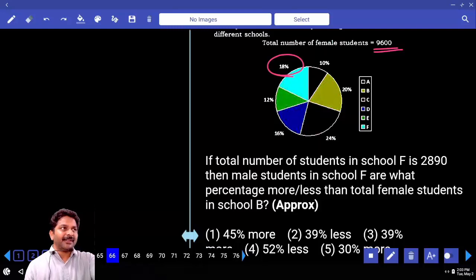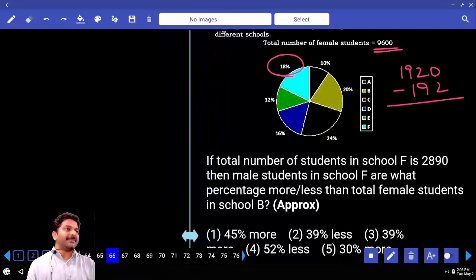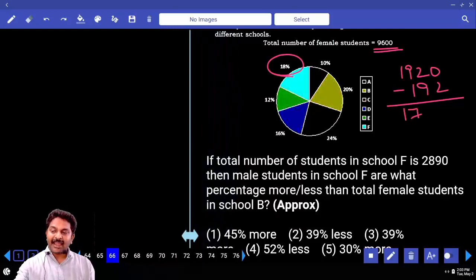What is 10%? 960. 20%? 1920. 2%. This gives you 18% value, correct? Instead of 192 subtract 200, add 8 later. Subtract 200, 1700. Add 8 later.